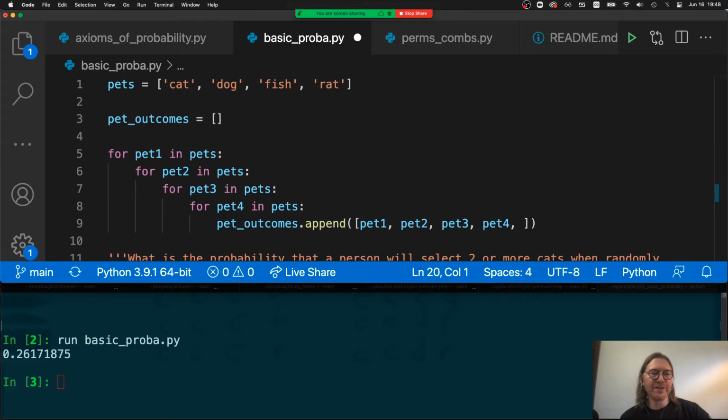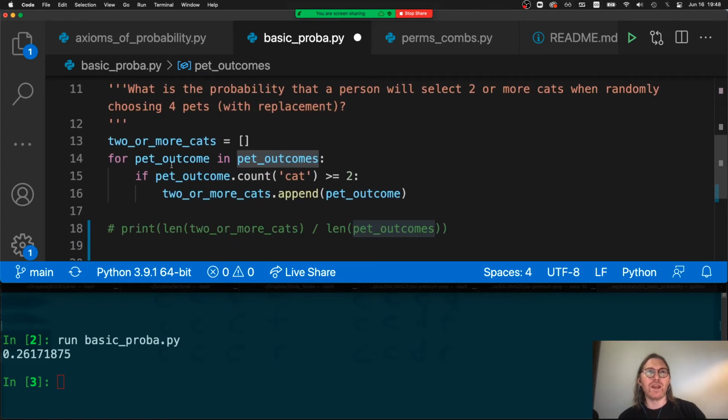I'll get more into detail about how to think about this approach, but for the time being, I think we can think about this fairly simply. We build a sample space, we create a subset of that sample space using a conditional statement.